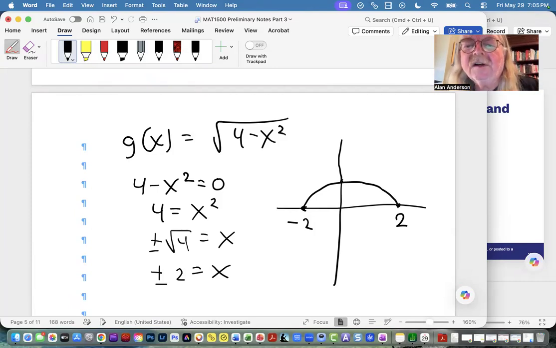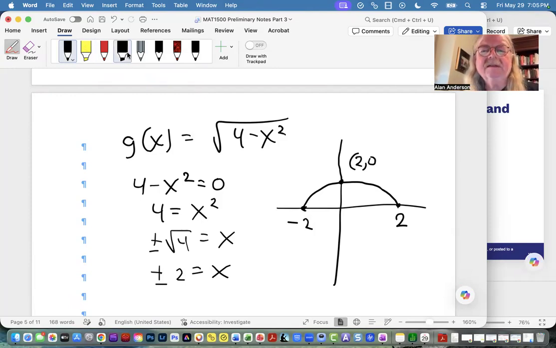Now that's a weird function. Oh, sorry, wait a minute. What am I doing? That should be negative 2, comma 2. So this is what it ends up looking like. And the domain is everything between the two points.